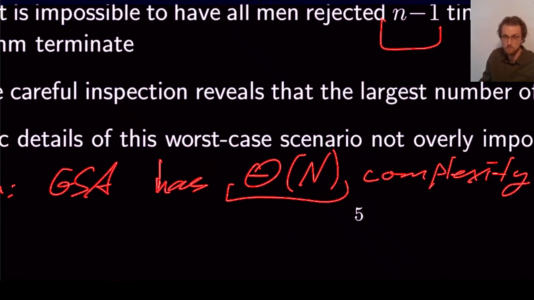And in this case, you never have to look at any element of the input more than once. Each entry in the preference list only gets referenced once. And the fact that it's big theta of N, not big O of N, means that it could be referenced exactly once. It could be that you have to look at the entire input. You can never make some kind of guarantee that some portion of the input gets thrown away.